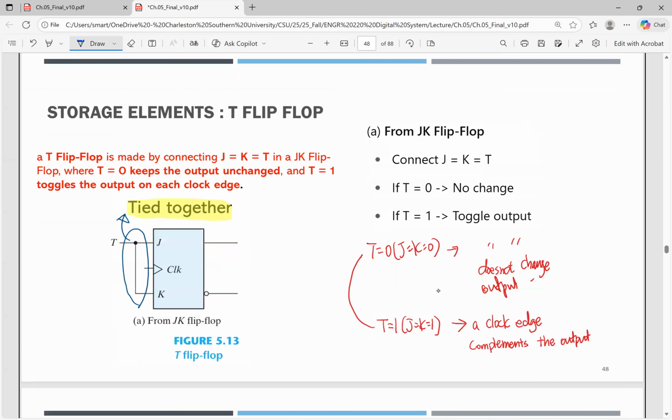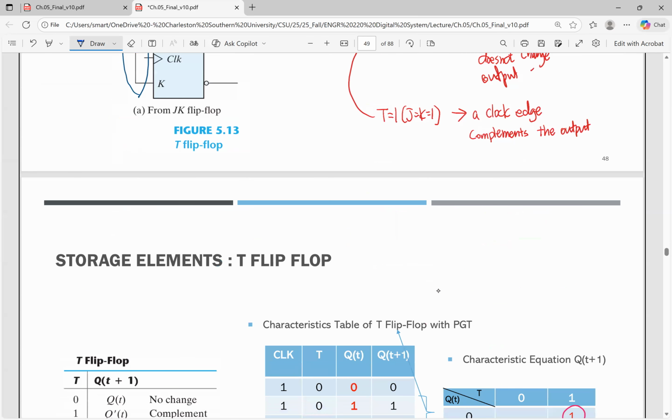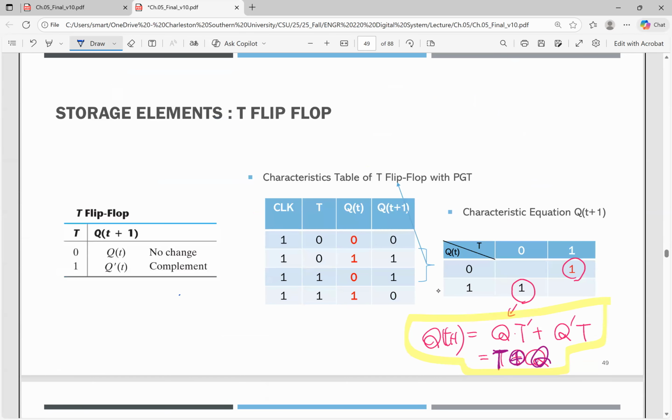And also, the T flip-flop, we can make it by using the JK flip-flop. Okay. So the T flip-flop will be for 0, 1. When T is equal to 0, the next state is no change, Q of T. But when T is equal to 1, the next state is the toggle.